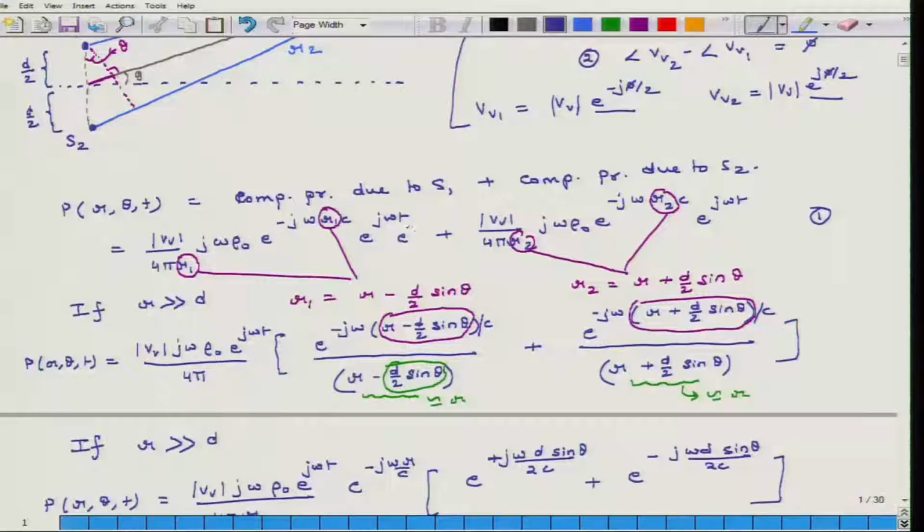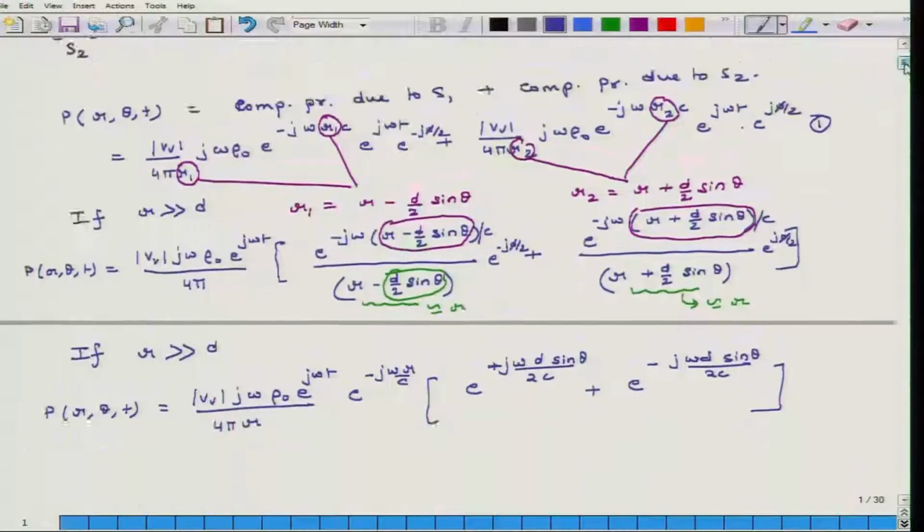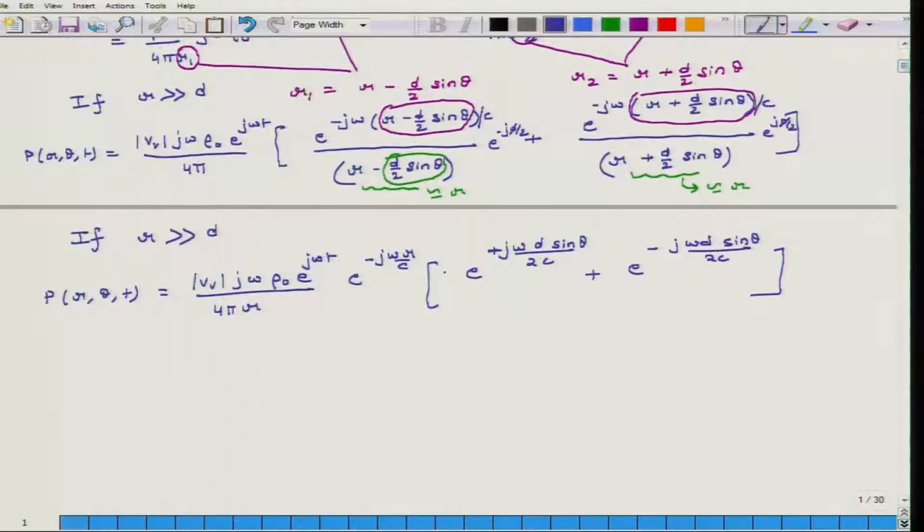Here it has to be e to the minus j phi over 2, and here it has to be e to the j phi over 2. Same thing here, e to the minus j phi over 2 and e to the j phi over 2.